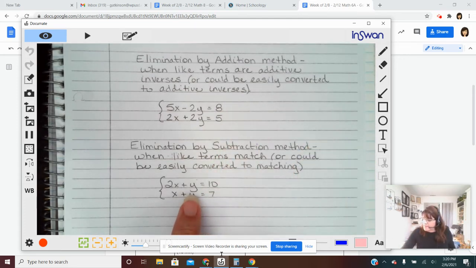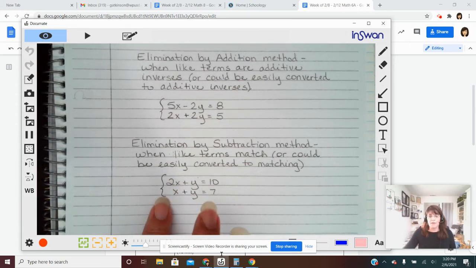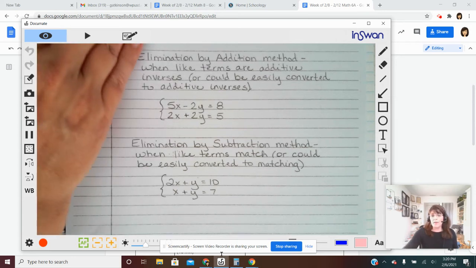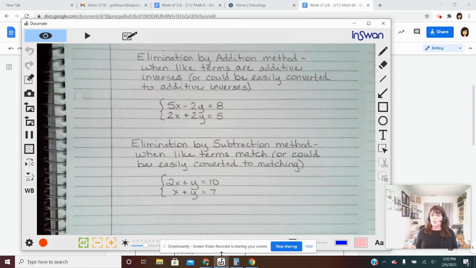When you have exactly matching terms and you could easily turn them into additive inverses, use subtraction method. Okay, I really want this in your notebook because it can help you, especially on a test or something, when you're like, I know there's a better way to do this, but I can't remember. Okay, just a good reference point.